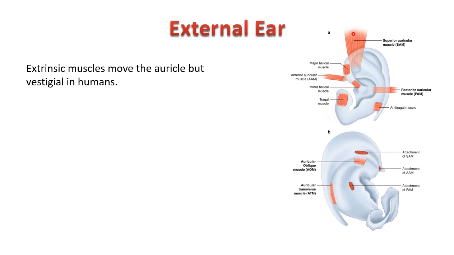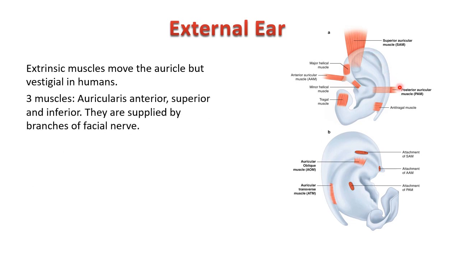Auricularis superior and anterior originate from the epicranial aponeurosis, and posterior from the squamous part of the temporal bone. They insert into the auricle deep to the skin, and are supplied by branches of the facial nerve: the auricularis anterior and superior by the temporal branch, and the posterior by the posterior auricular branch of the facial nerve.